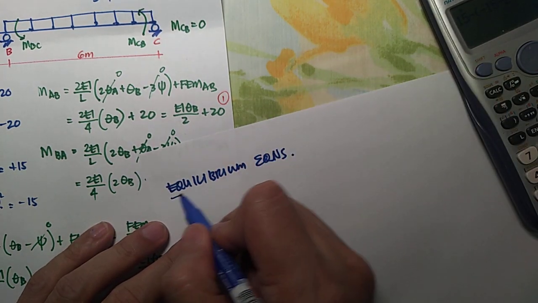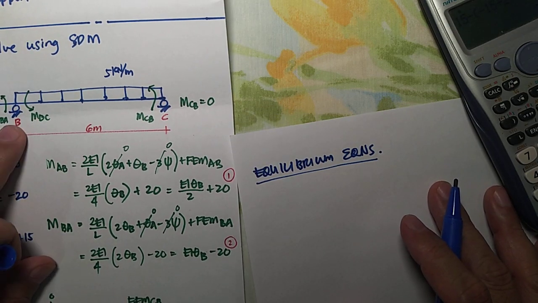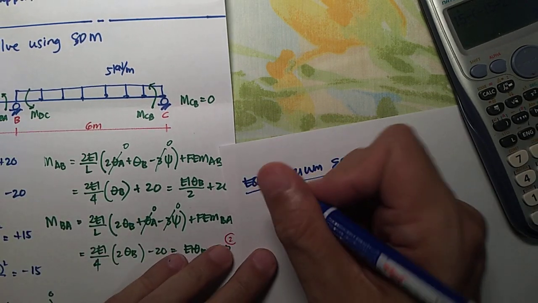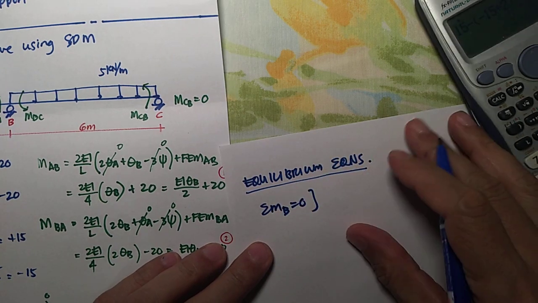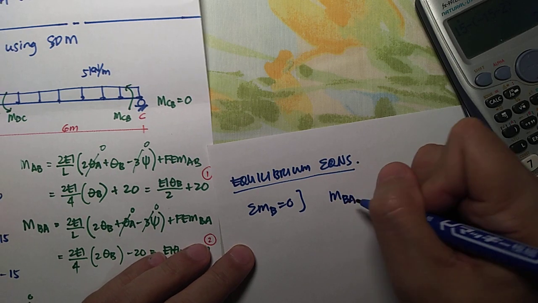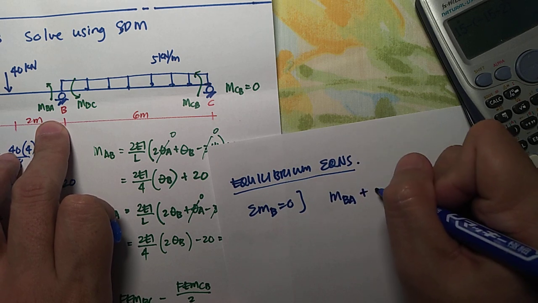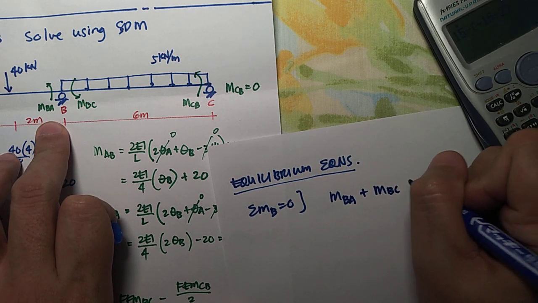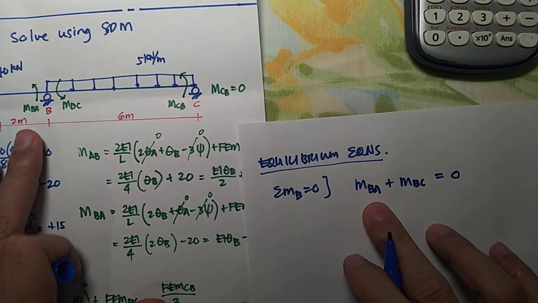Okay, so for the equilibrium equations, diba alam natin na the summation of moments at B should be equal to 0. So that means the moment on BA, this one, when added to the moment on BC, the sum of these two should be 0. So what is MBA?